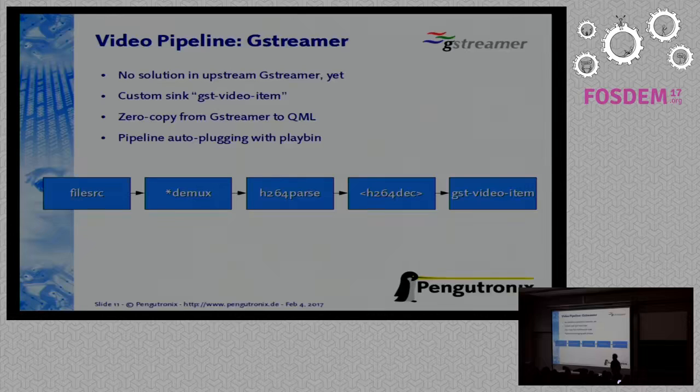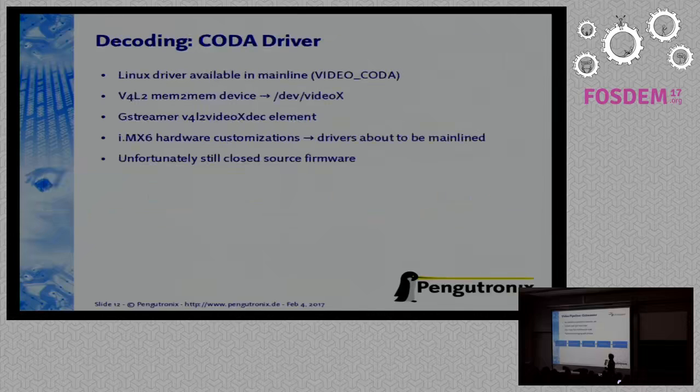So what can we use for that? There is a Coda driver in the Linux kernel. It's the config item video coda. You enable it, and if you're running on an i.MX6 and everything is configured correctly, you will see a /dev/videoX device node from the driver.